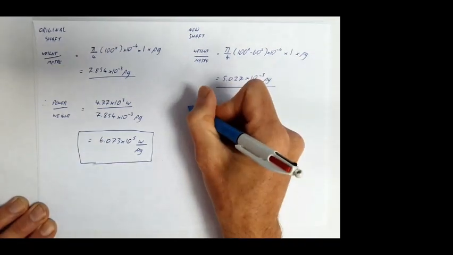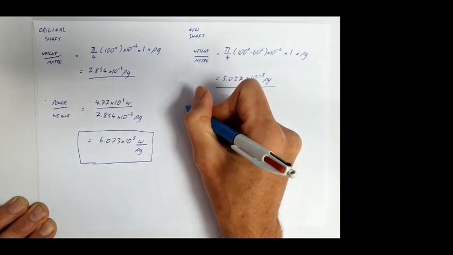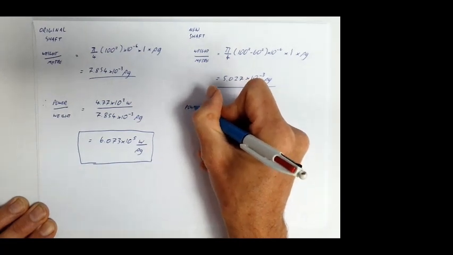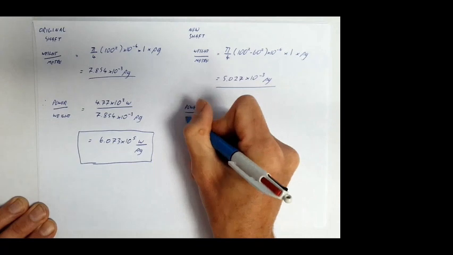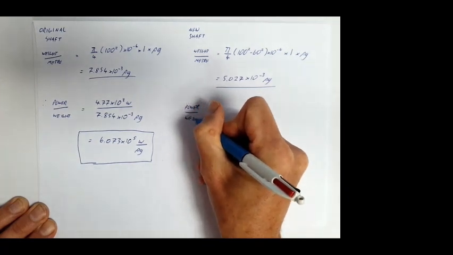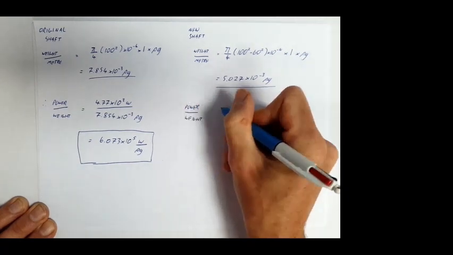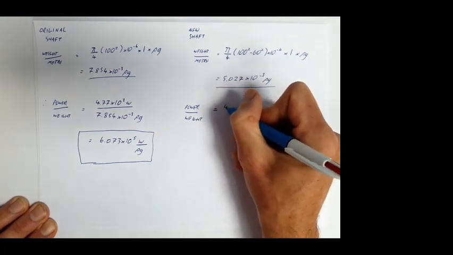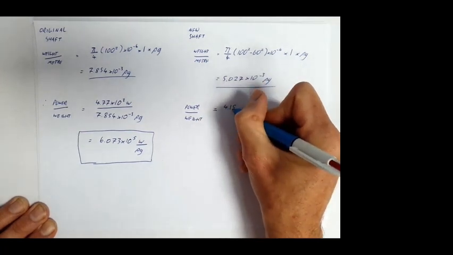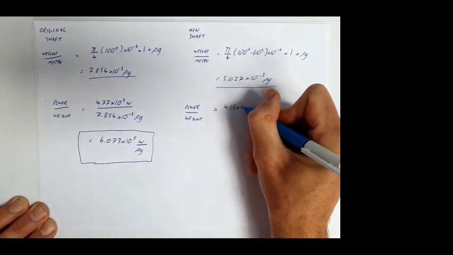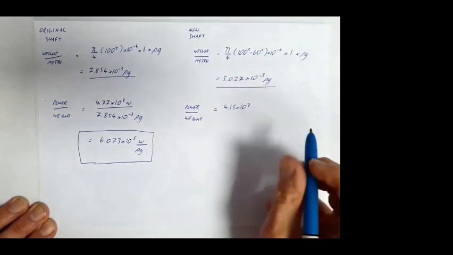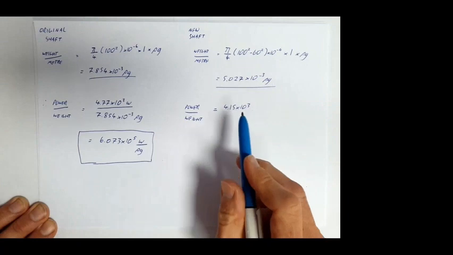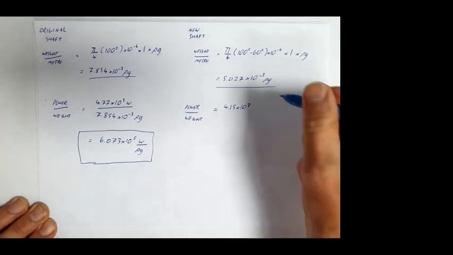And the power to weight ratio. This shaft can now only carry 4.15 times 10 to the 3. That's the torque that it can carry, that's what we calculated in the first part of the question.